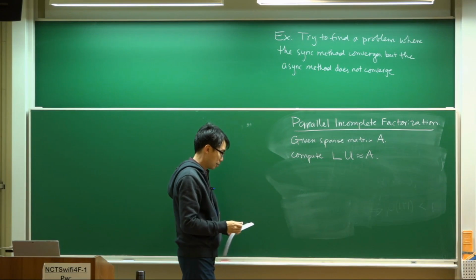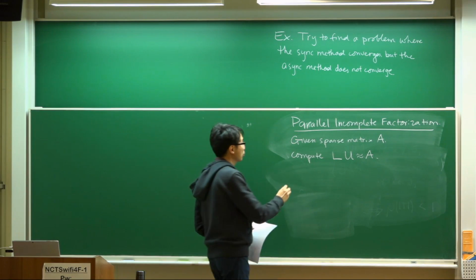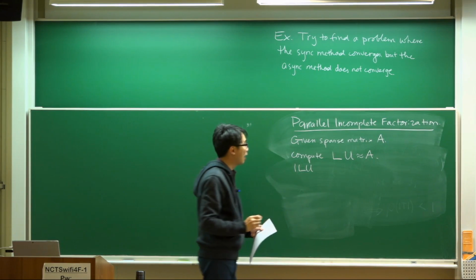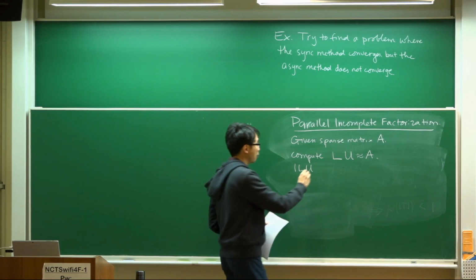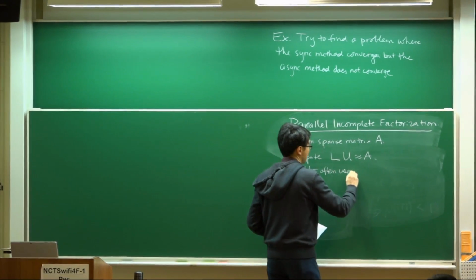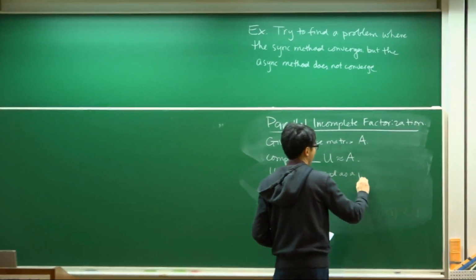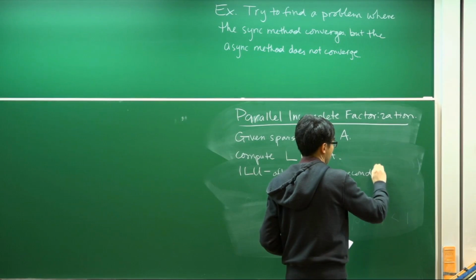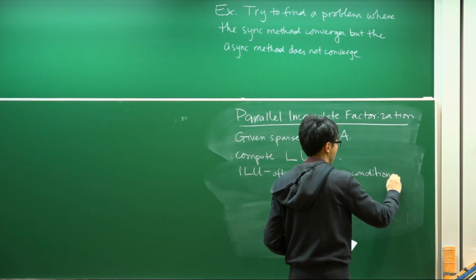And this is called an incomplete LU factorization, often abbreviated ILU, and it is often used as a preconditioner for an iterative method such as GMRES.